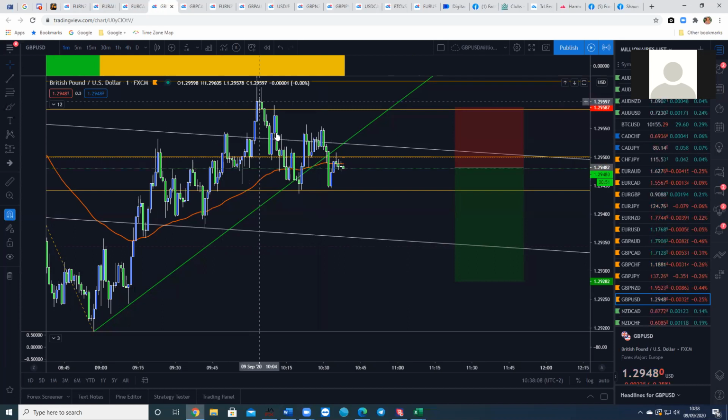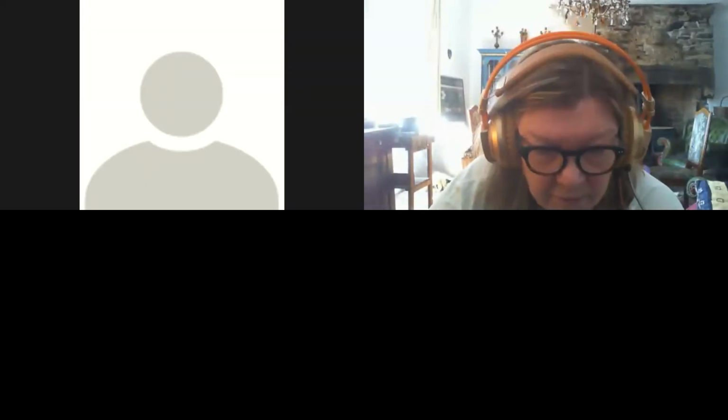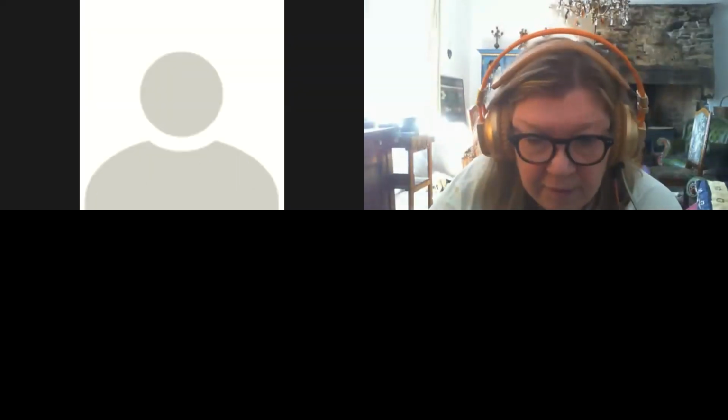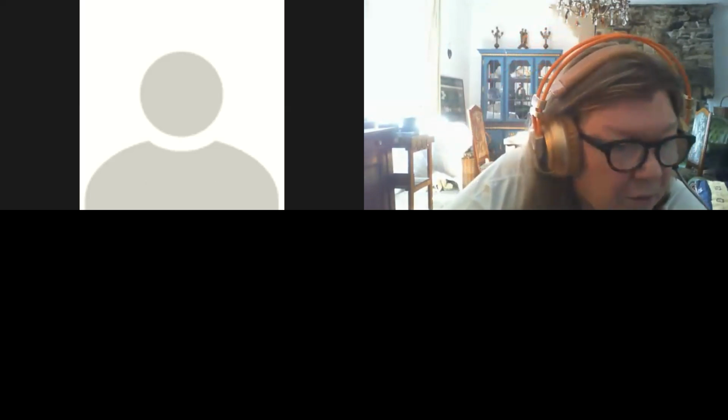There's our hourly fake out. Definitely we've got pitchfork touch, breaks and retests, break and retest of the pitchfork under the 62. So if I stop sharing, I think I'm going to get into that GU just for a small one.